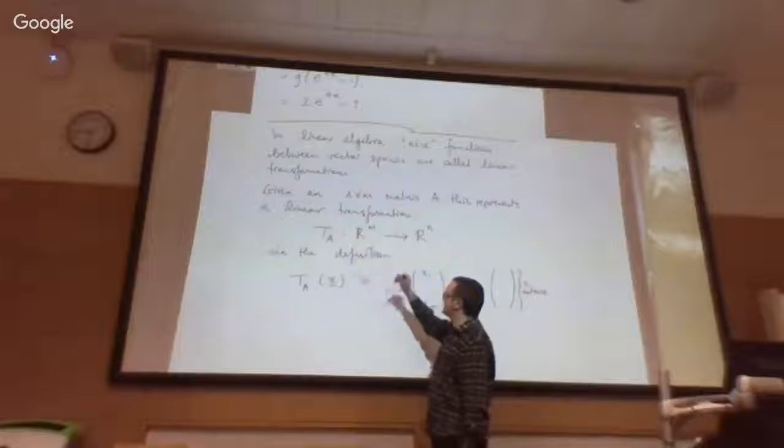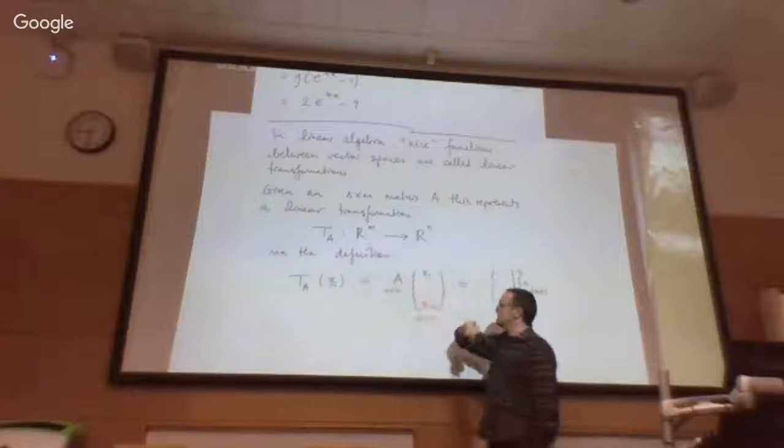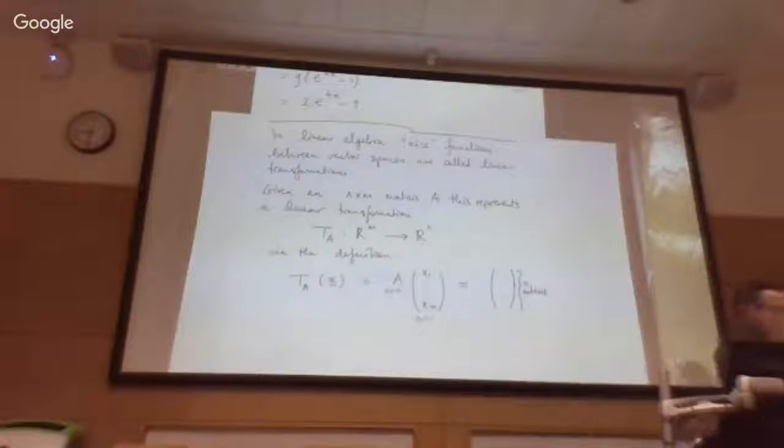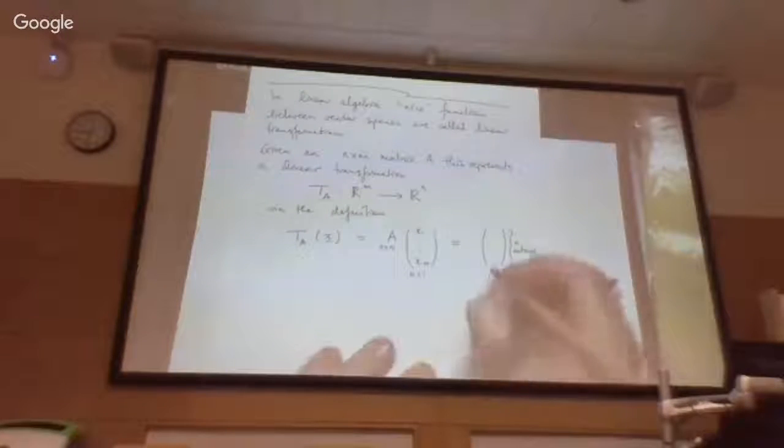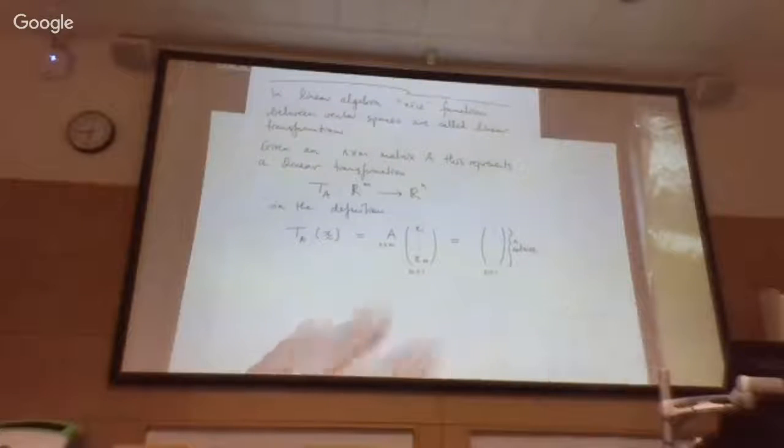Any linear transformation can be represented by a certain matrix. Now, the reason I'm bringing this in is that there's a link here between composition of functions, which we're learning about here, and matrix multiplication, which you already know about from your linear algebra studies.